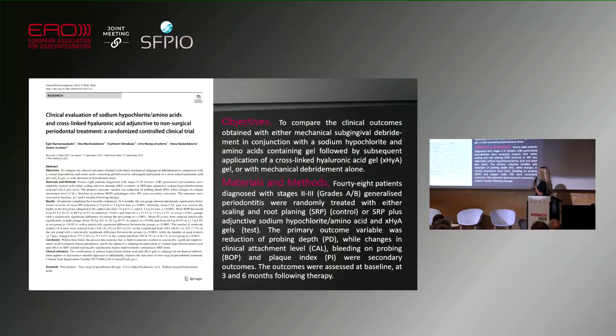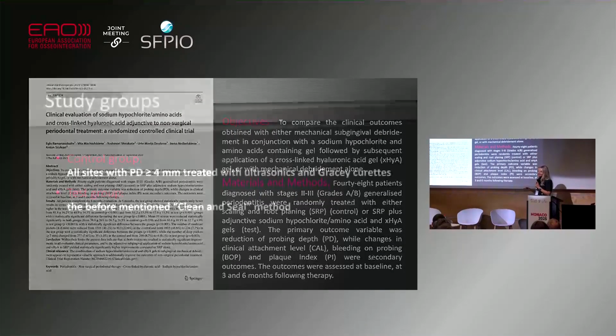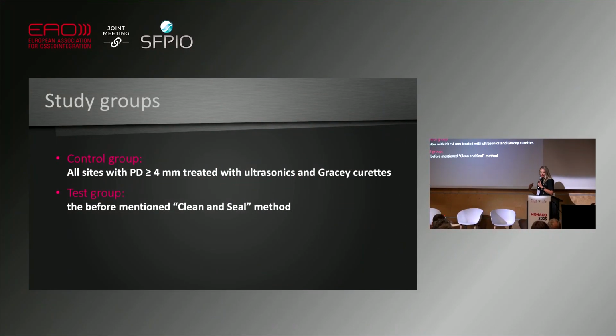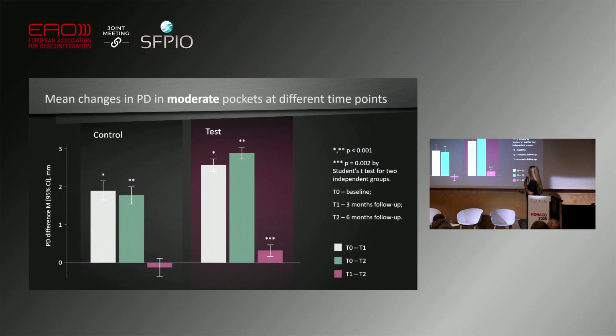So here is a randomized controlled clinical trial where we had 2 groups: control group, standard subgingival instrumentation, and test group, clean and seal. For the final analysis, we distributed the pockets into moderate and deep, and again, the same patterns were observed.